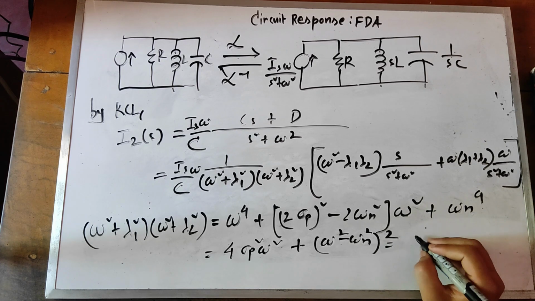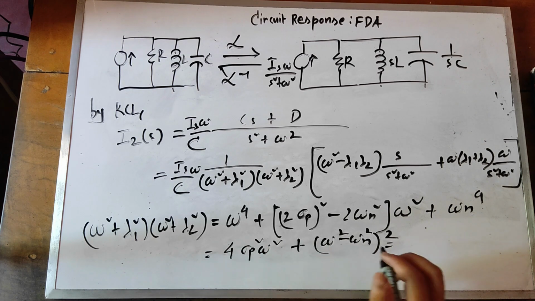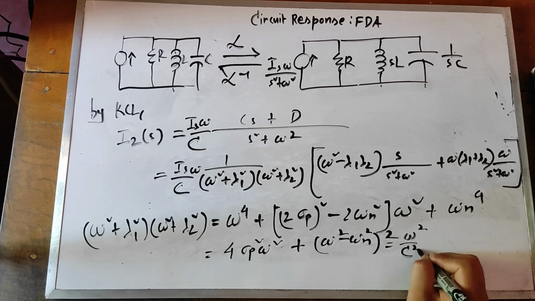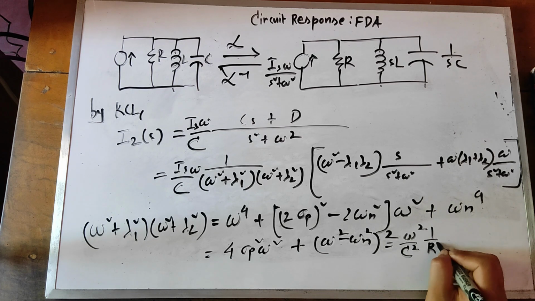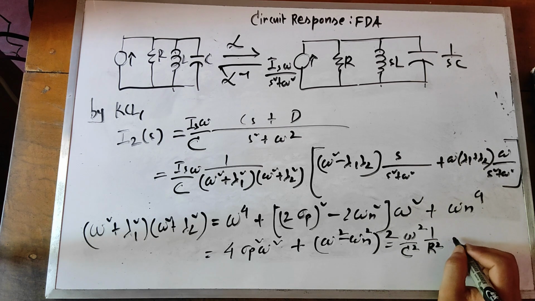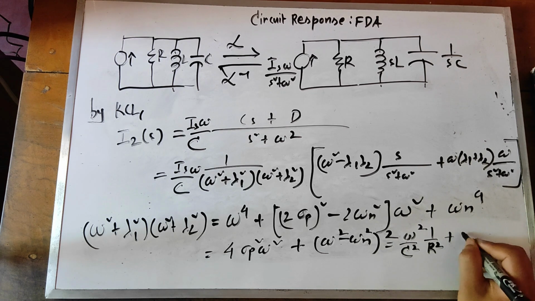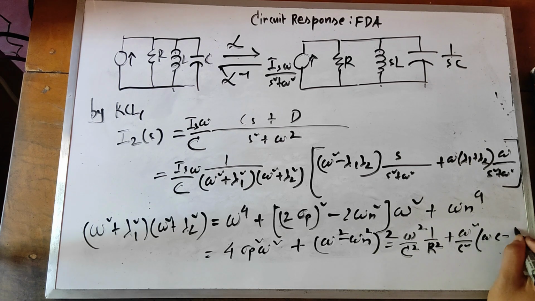So if I substitute for the value of the damping coefficient, it will give me omega squared by c squared by r squared, and if I take omega squared c squared common, it will give me omega c minus 1 by omega l squared.